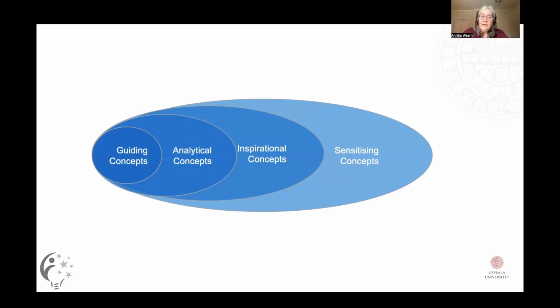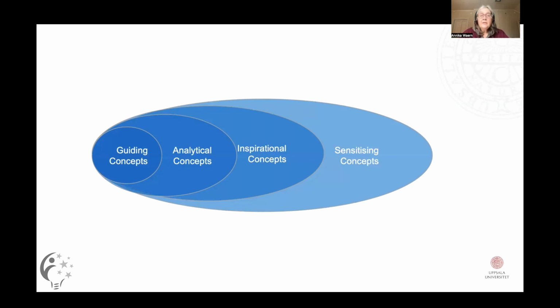What I'm going to do now is walk you through 4 examples of theories that are discussed in the report, but are different in the sense that some of them generate sensitizing concepts only, whereas others are much more precise and give guiding concepts as well.